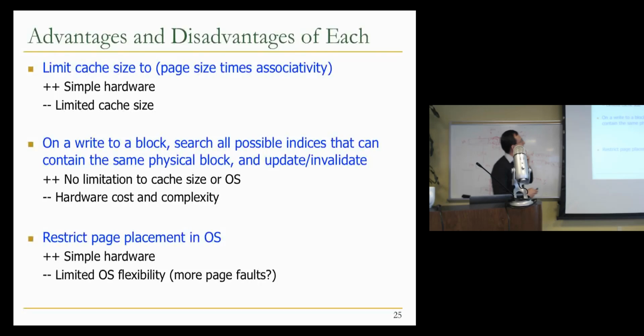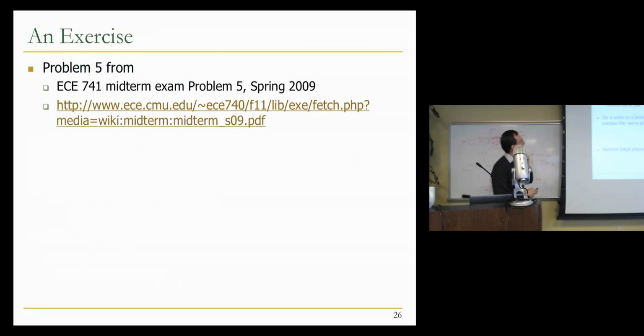So 1/16 of your memory is not available to you. This may not be a bad thing if your memory is huge, but this actually affects your replacement policy, right? You're basically unable to replace from anywhere in your memory.